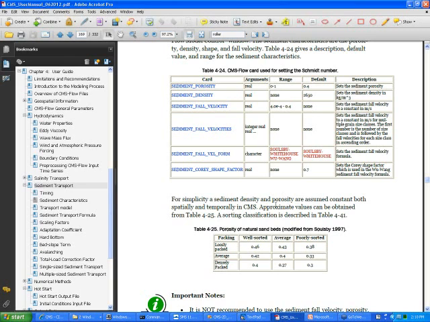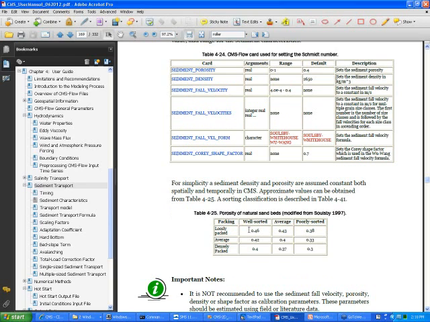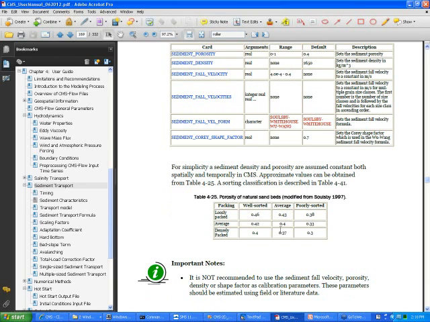As I mentioned earlier, the porosity of the bed is assumed to be constant through the whole simulation. And table 4-25 gives some typical values for different beds as a function of how sorted the sediments are and how well packed they are.